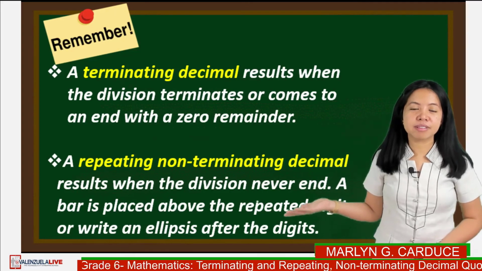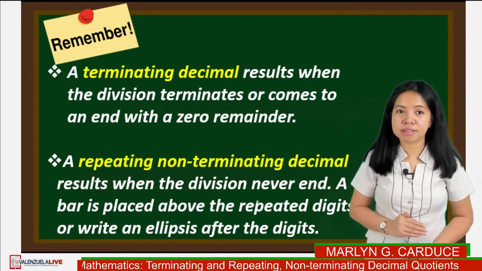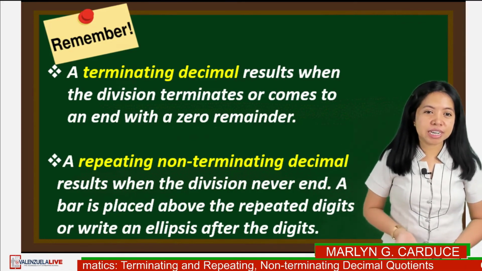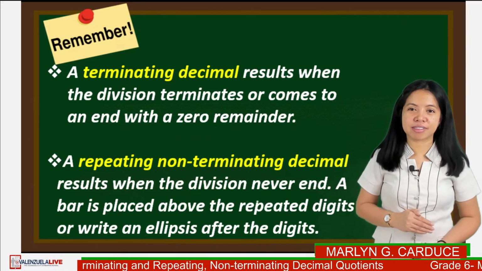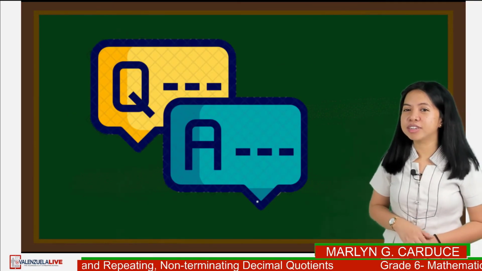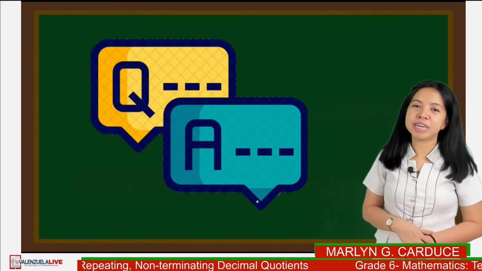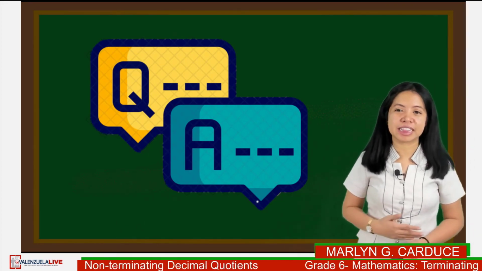So we will just place a bar above the repeated digits, or we will just write an ellipsis after the digits. So for clarification and other concerns, you may type it in the comment box, and later on we will discuss it.